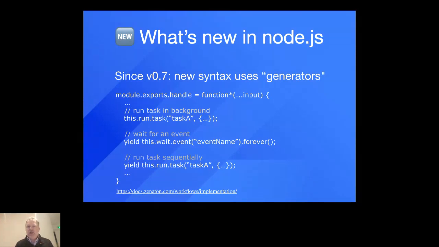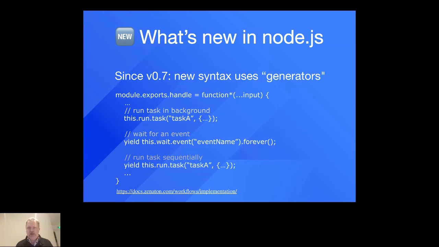So what's new in Node.js? I was telling you that focusing on one language would allow us to add more features. So it's already done. Since version 0.7, you will find a new syntax that uses generators. I don't know if you know what a generator is, but have a look.